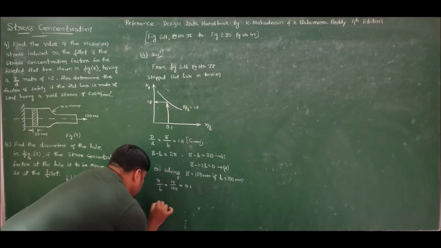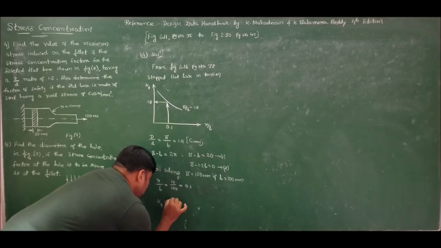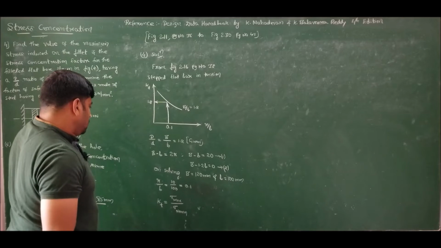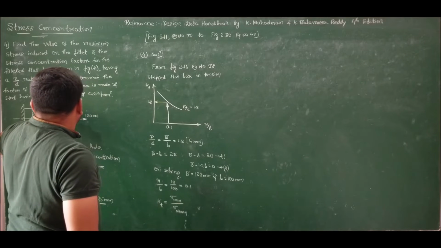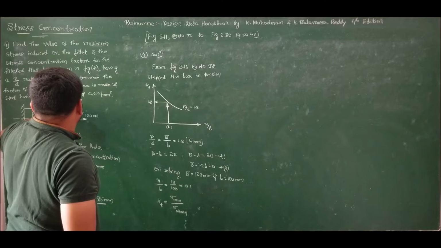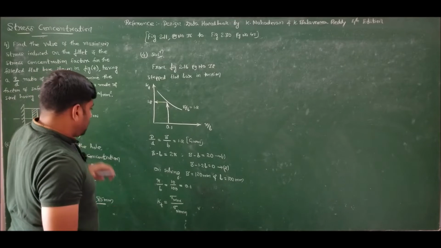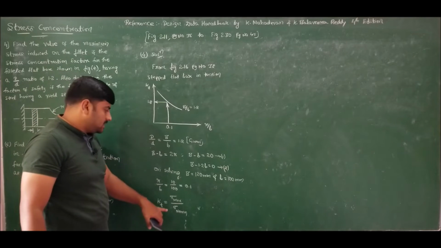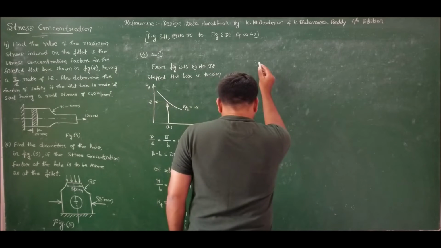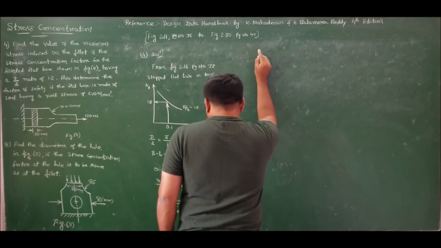Therefore we know that from the definition, Kt is equal to sigma max by sigma nominal. The value of sigma max is not specified; we are asked to find it. So find sigma nominal also.